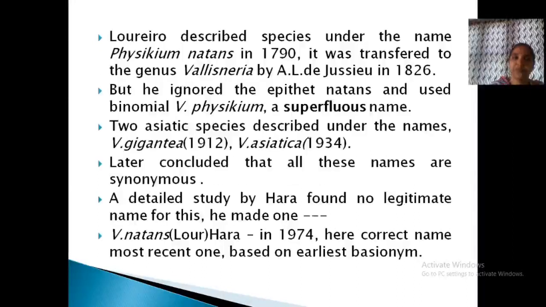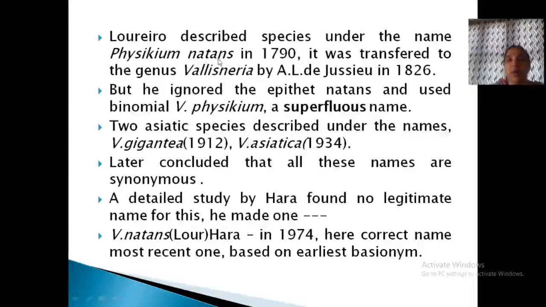Clear? Next, see another one. Loureiro described a species under the name Physkium natans in 1719. It was transferred to the genus Vallisneria by de Jussieu in 1826. But Jussieu ignored the specific epithet.